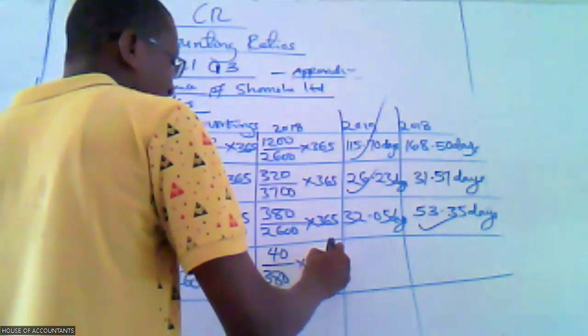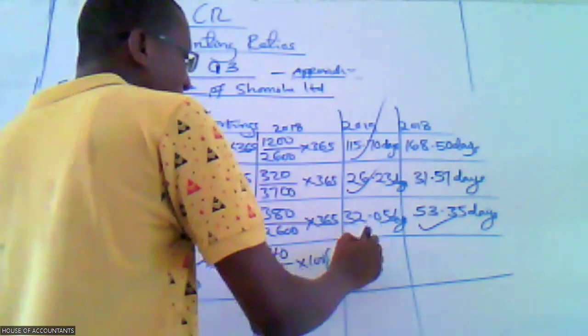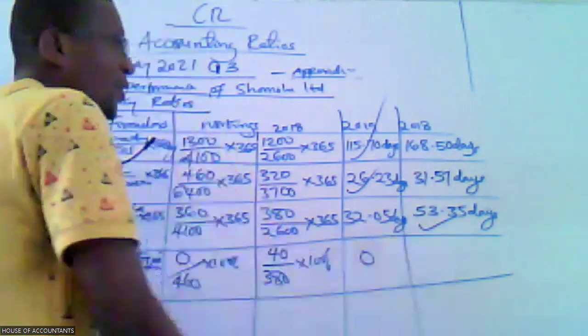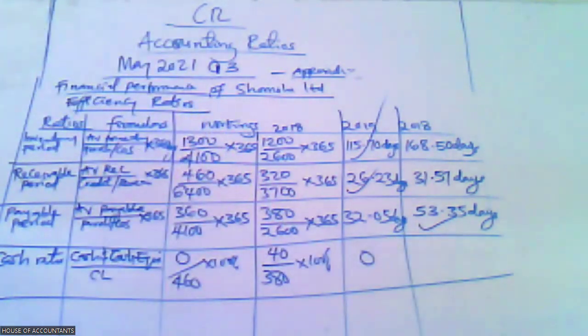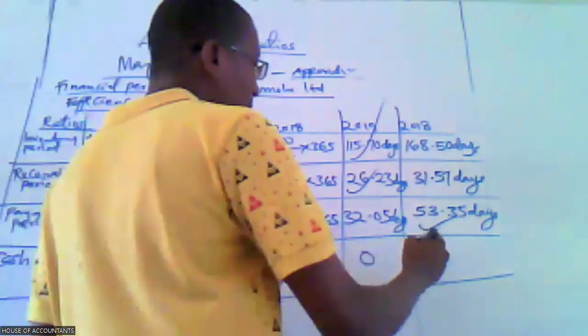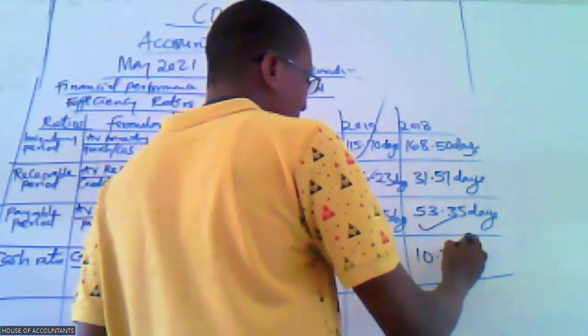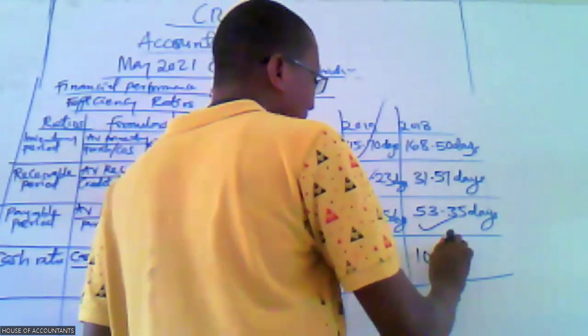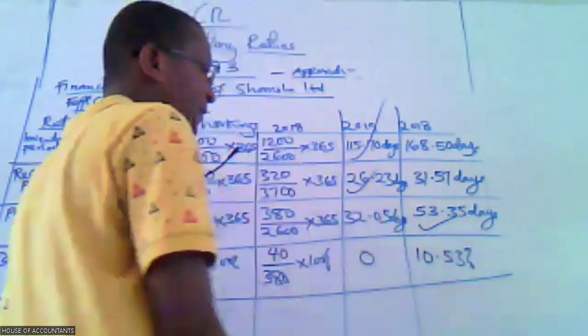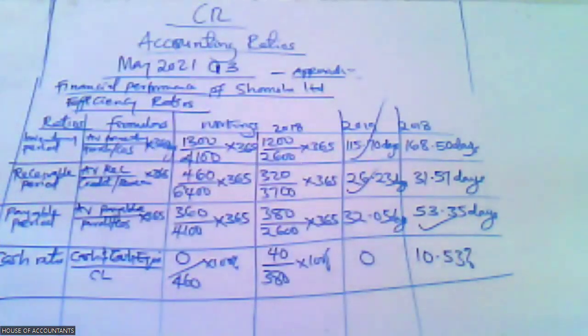Multiply by 100%. 10.53. 10.53. So it has summarized everything.